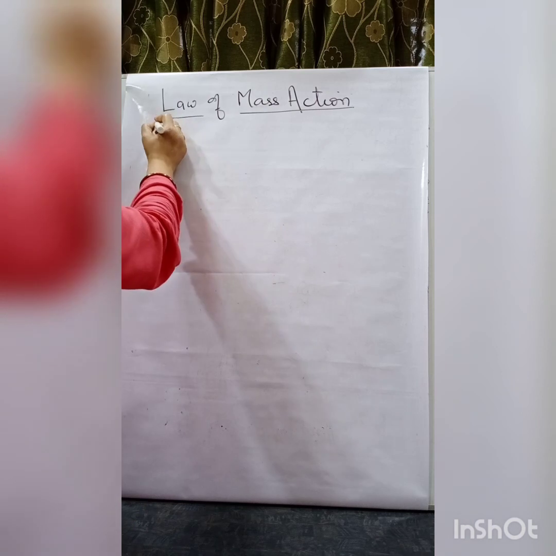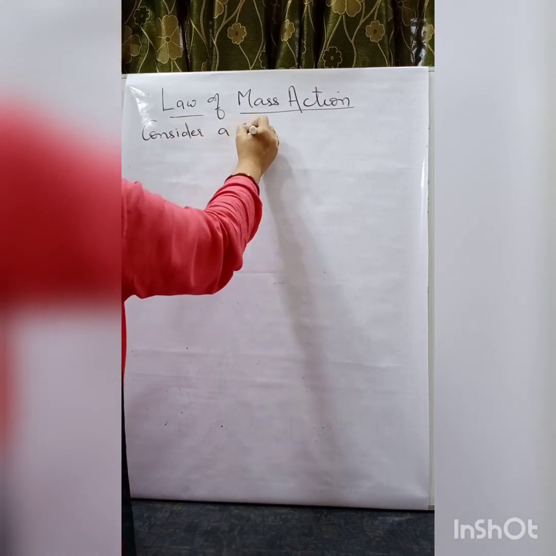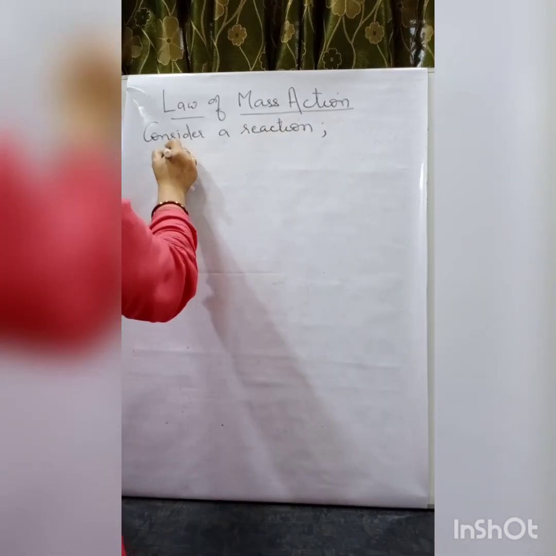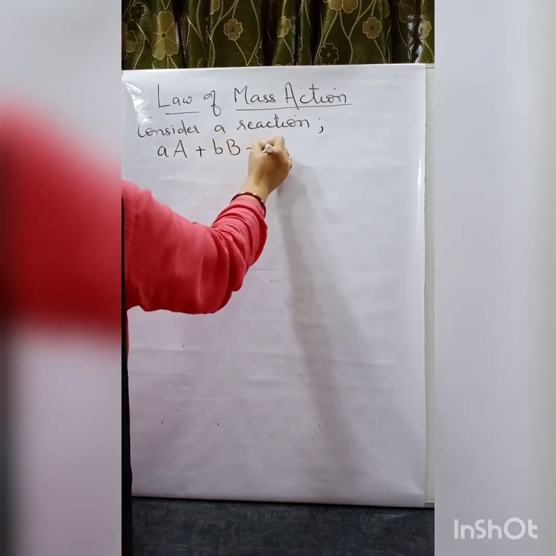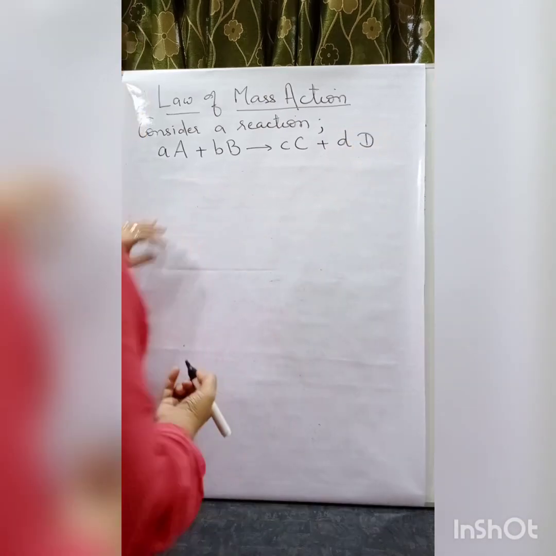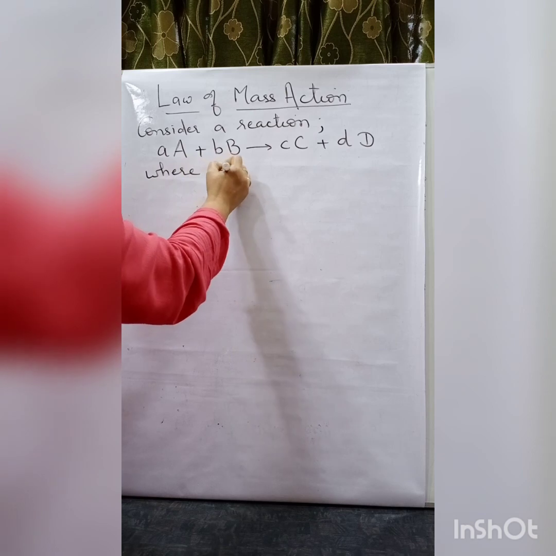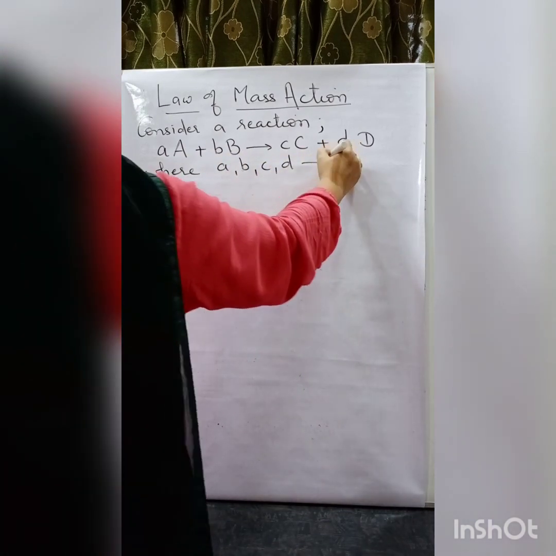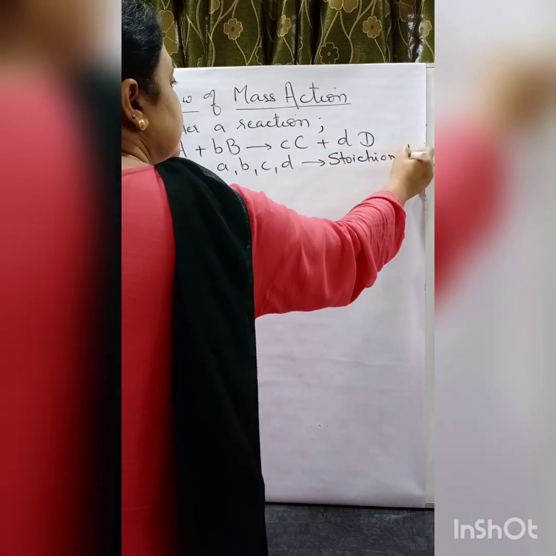Now consider a general reaction. Let's suppose the general reaction is aA plus bB gives cC plus dD. This is my general reaction, where these small letters a, b, c, d represent stoichiometric coefficients.